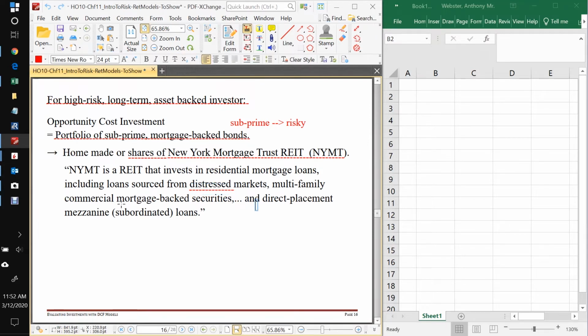Multifamily, commercial mortgage backed securities, and subordinated loans. So this clearly is not perfect, because it's not exclusively subprime mortgage backed loans, but it's very, very close. And the more you look at this company, the more you can see it's very close. So this would be a great opportunity cost investment for our high risk, long term asset backed investor.